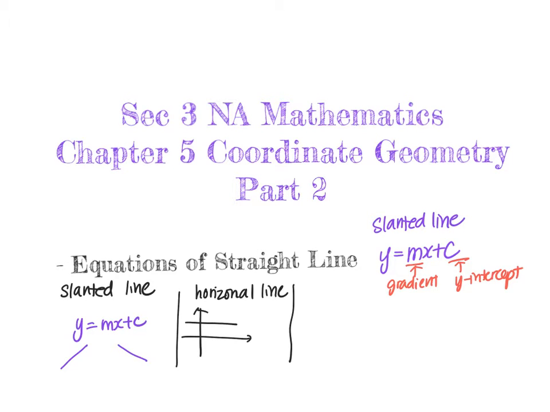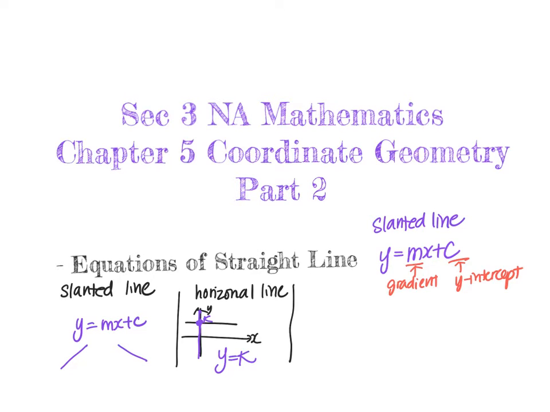It will cut which axis? It only cuts the y-axis. So if it only cuts the y-axis at this particular number, let's say k, this equation will come in the form y equals to k. So it cuts the y-axis only, have one unknown k.